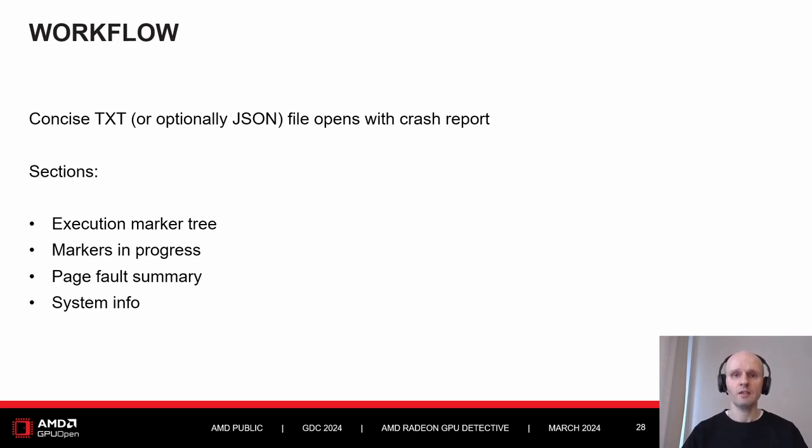In case a crash was caused by a page fault, the summary section describes the virtual address which caused the page fault, and in the summary output it is denoted as an offending virtual address. Then all the resources associated with the offending address are provided to help find the culprit resource. The system info section provides detailed information about the system on which the crash was produced.